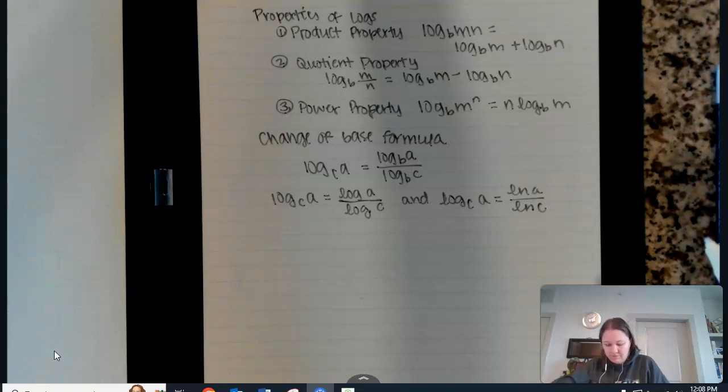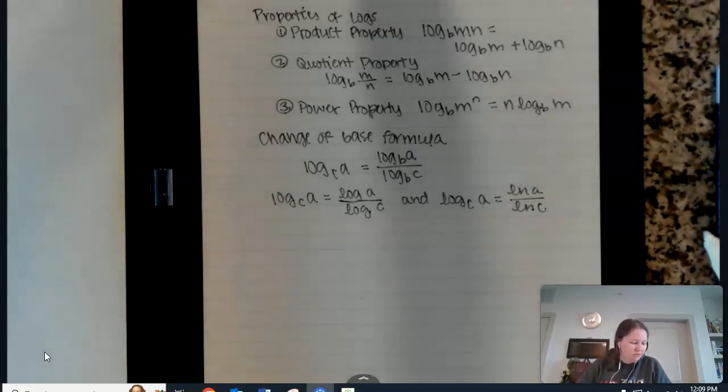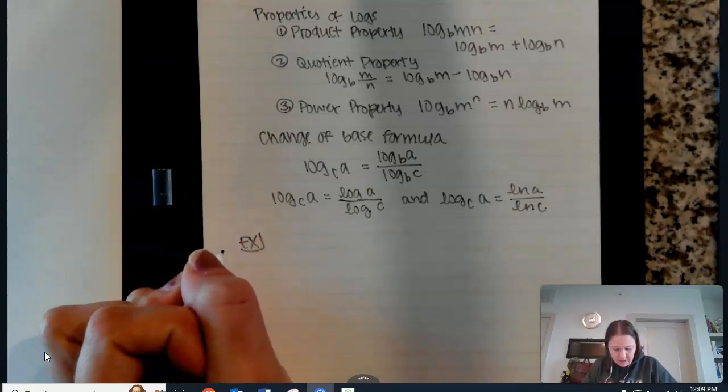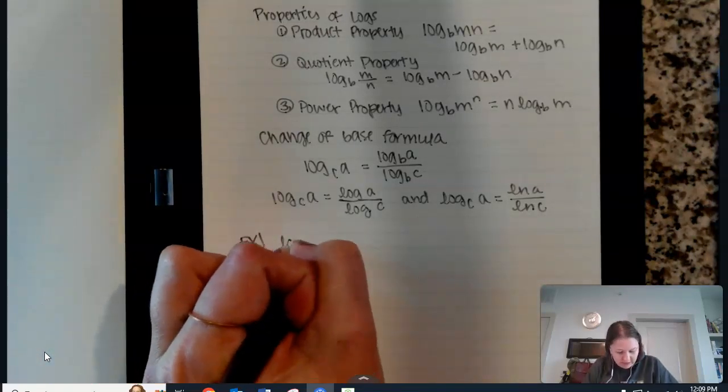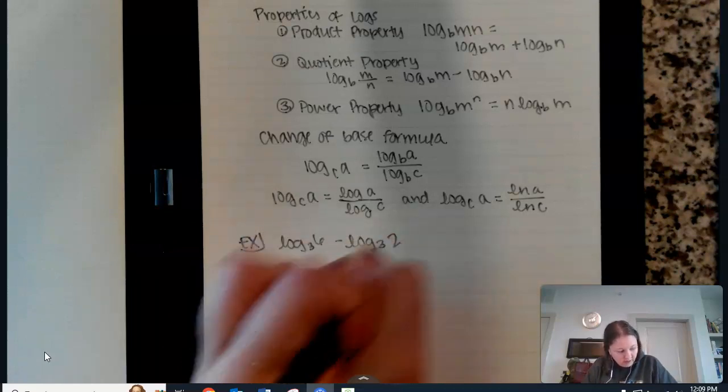So, let's just do some of your homework using these properties and the change of base. So your homework is 9 through 31 odd. So we'll just start with number 9 first. So number 9 is log base 3 of 6 minus log base 3 of 2.